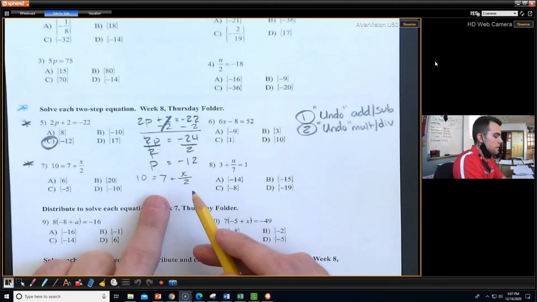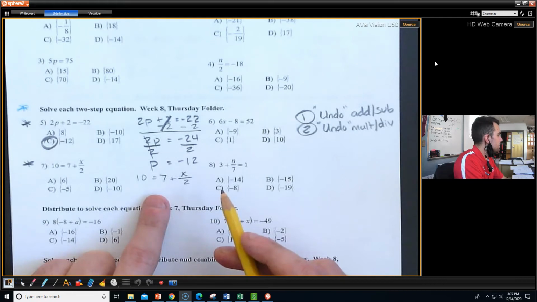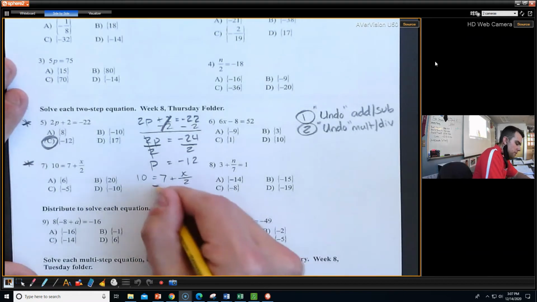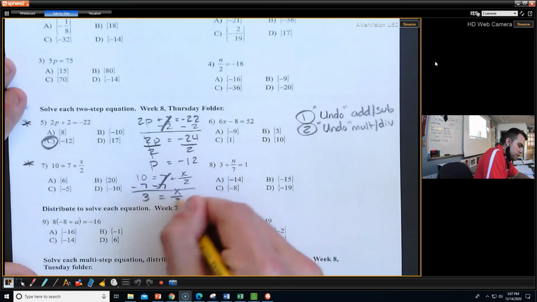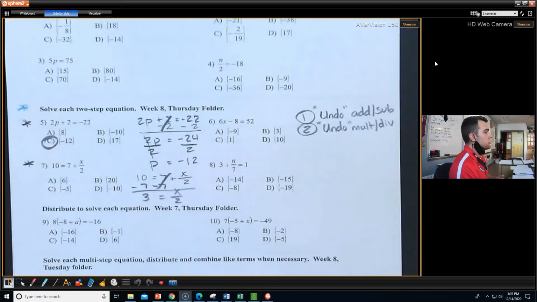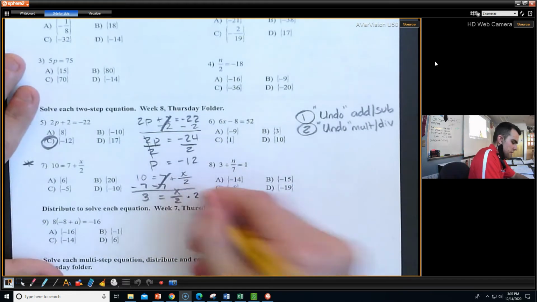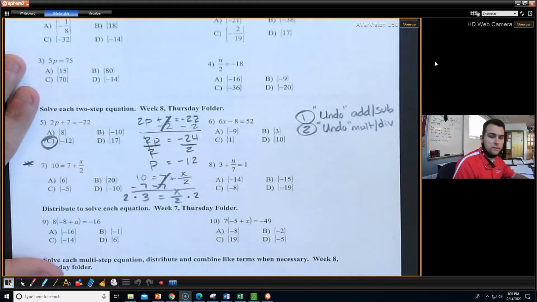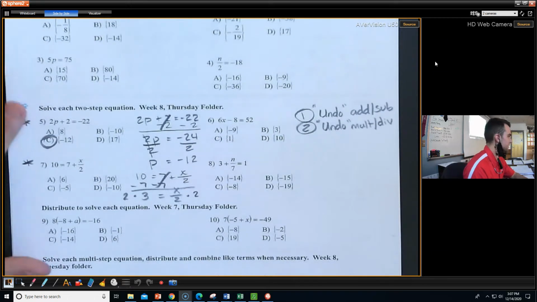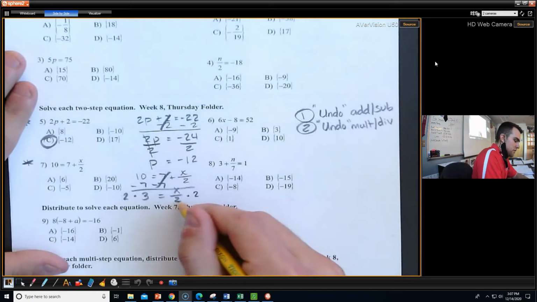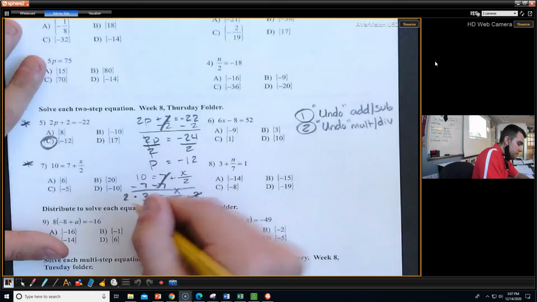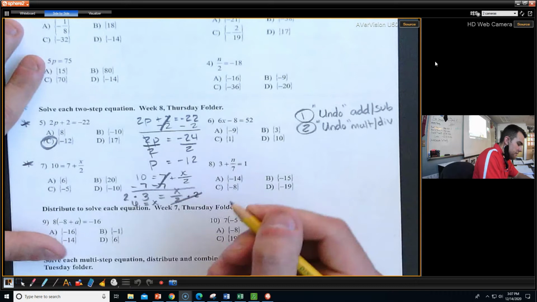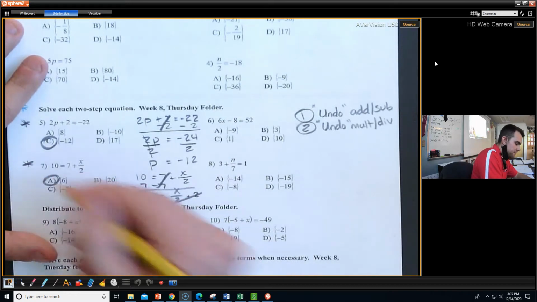Positive 7. So what should I do to both sides? Subtract 7 to both sides. And if I do that, I end up getting 3 equals x divided by 2. How do I undo divide by 2? Multiply by 2, to both sides. So by doing that, these 2's cancel, and I'm left with 6 equals x. So my answer is A.